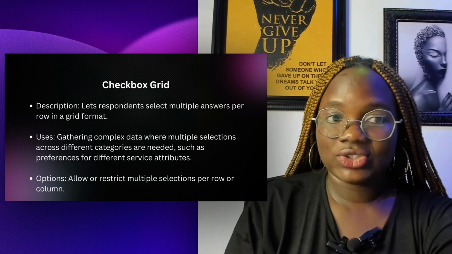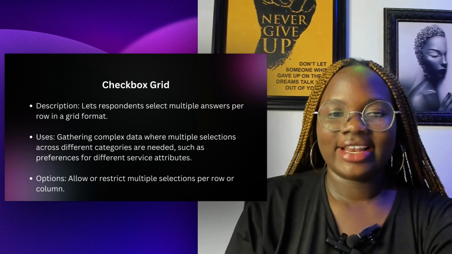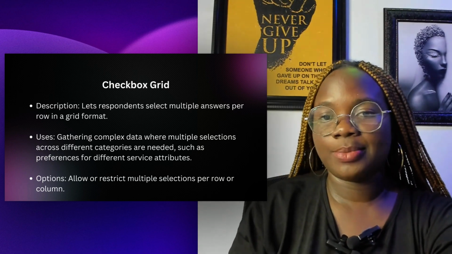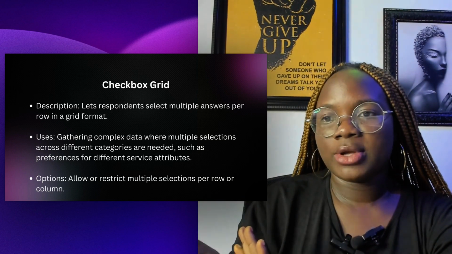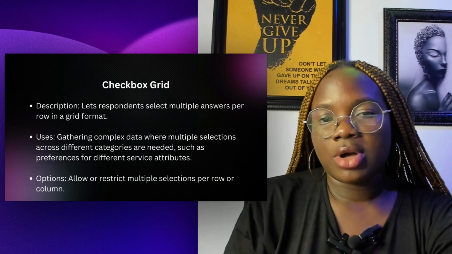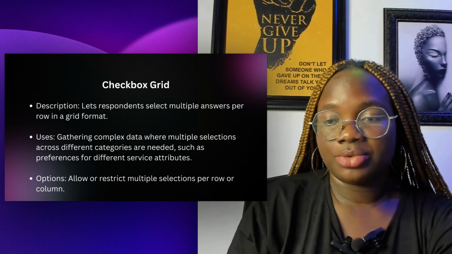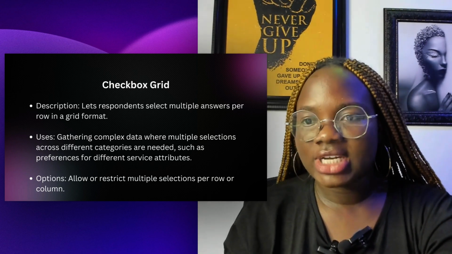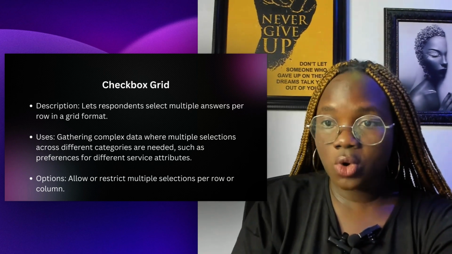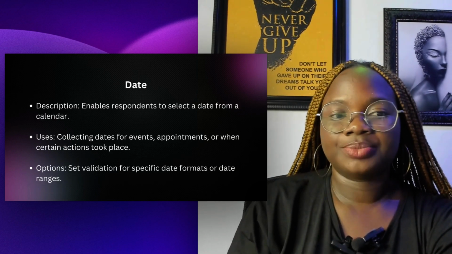Because checkbox grade is just like the multiple choice grade, and the only difference is that the respondents can pick multiple answers on the row. So in multiple choice grade, they can pick only one answer, while in checkbox grade they can pick multiple answers on the same row.